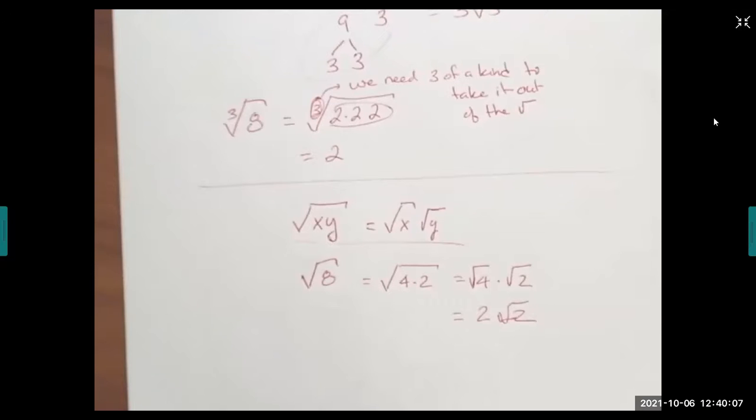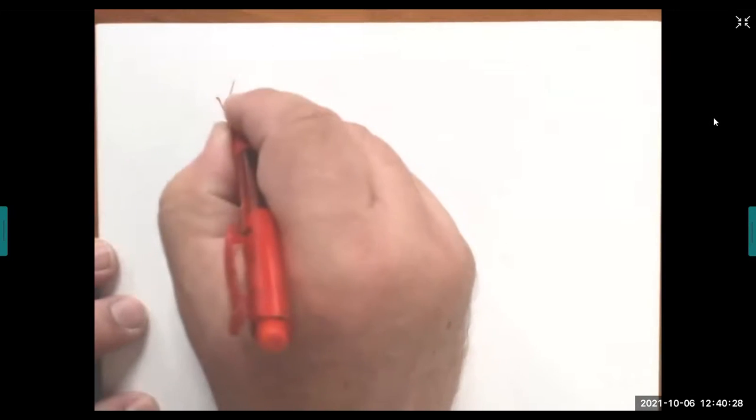Now, we haven't gotten any closer to defining complex numbers. For another number system to exist, there has to be a reason for it. And here's the reason.